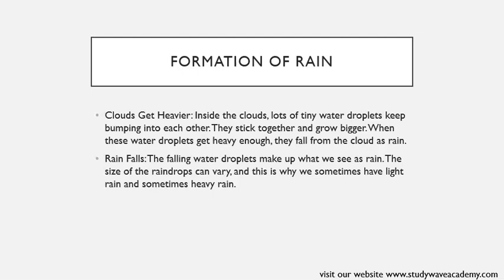So rain is a result of the water cycle, where water evaporates, forms cloud, and eventually falls back to the earth as rain. It's actually a fascinating process that keeps our planet's water supply in balance and provides the water we need for plants, animals, and people.